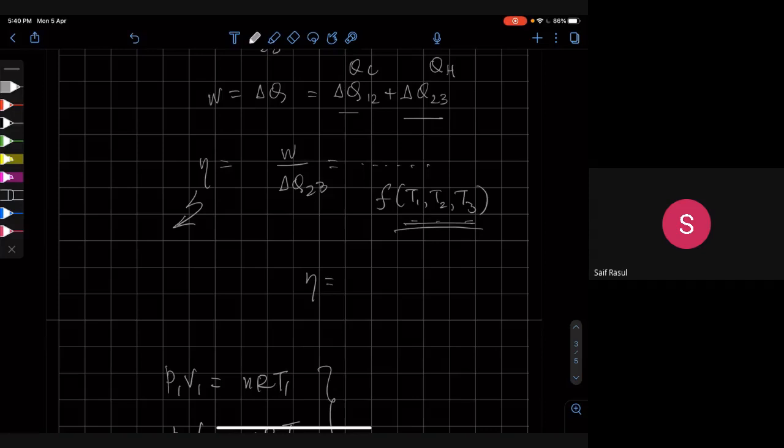And so QC plus QH divided by QH, so then this would be 1 plus QC by QH.